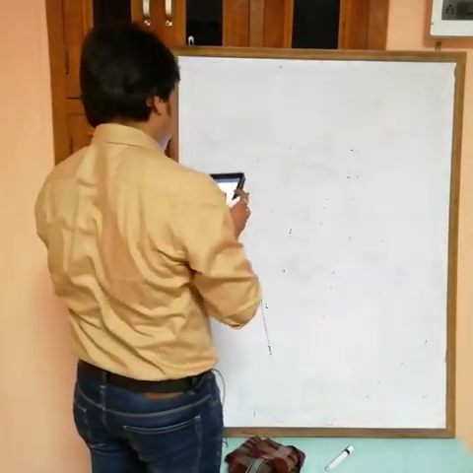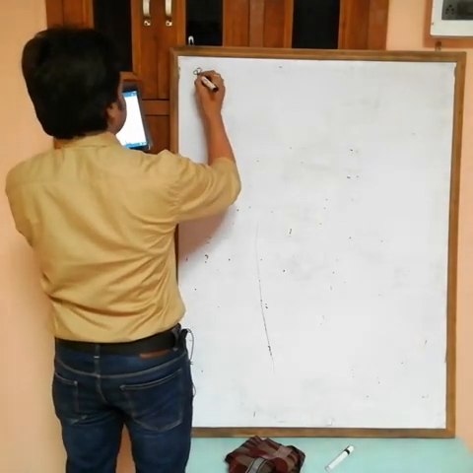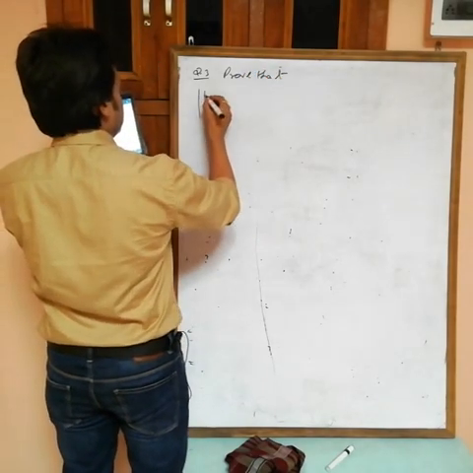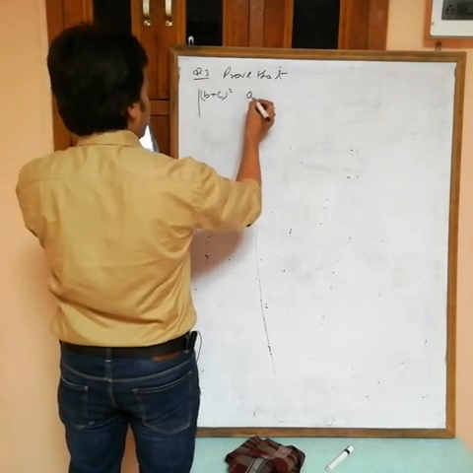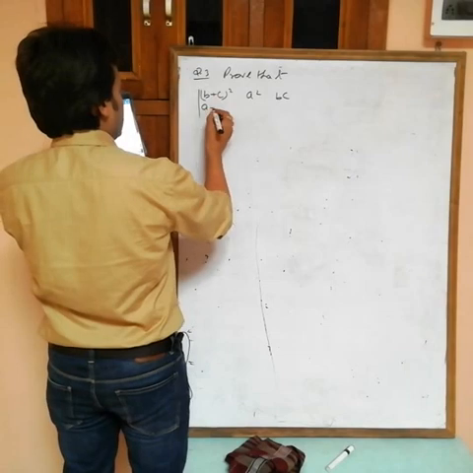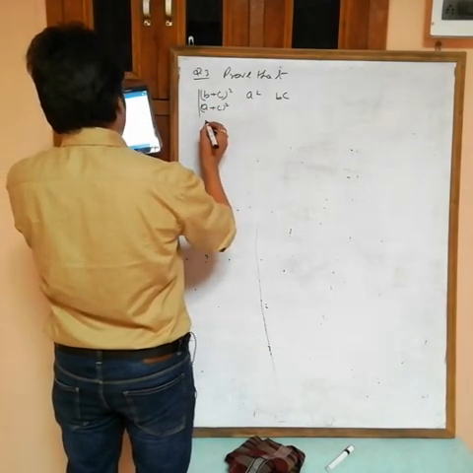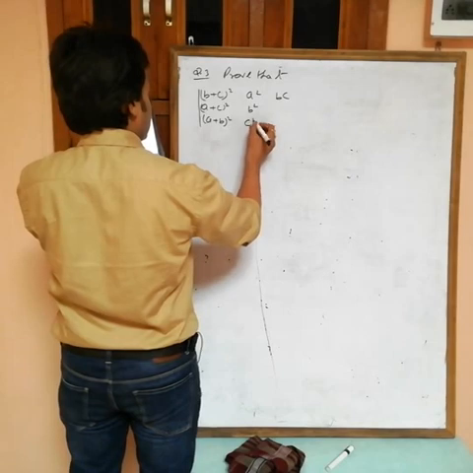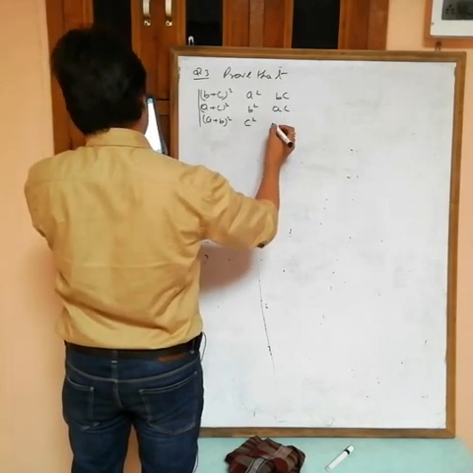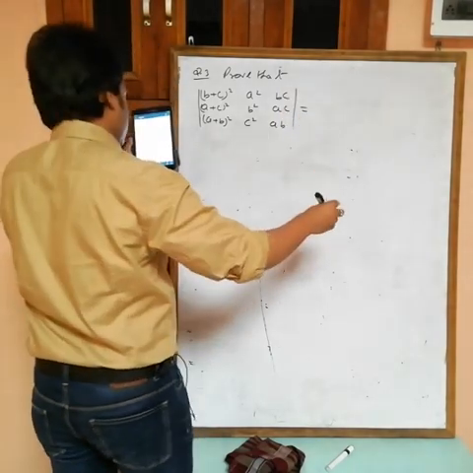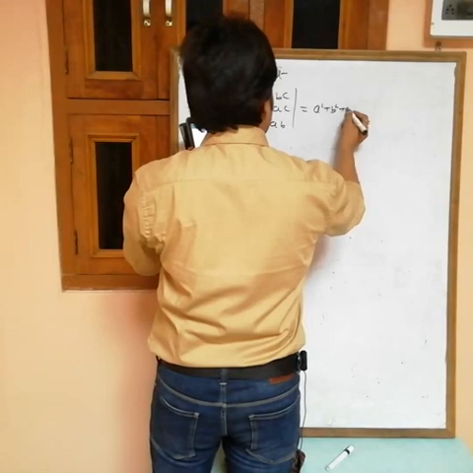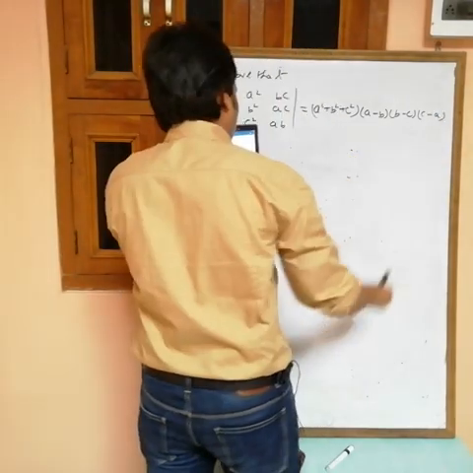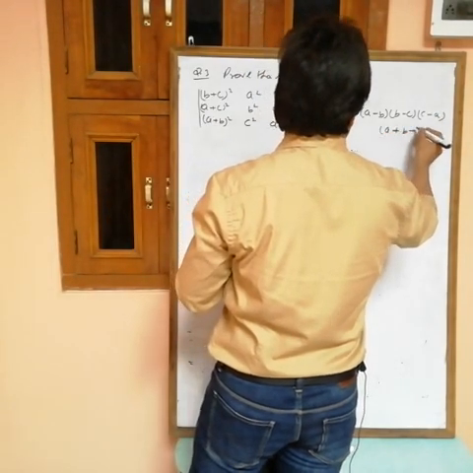Next, prove that the determinant with rows b plus c whole square, a square, bc; a plus c whole square, b square, ca; a plus b whole square, c square, ab is equal to a square plus b square plus c square into a minus b into b minus c into c minus a, and into a plus b plus c.